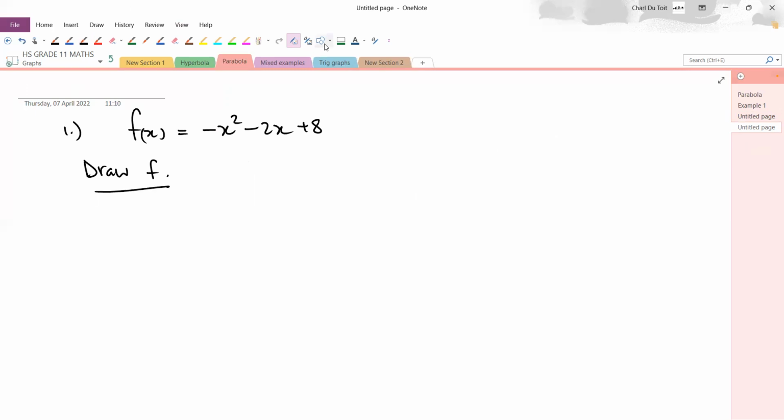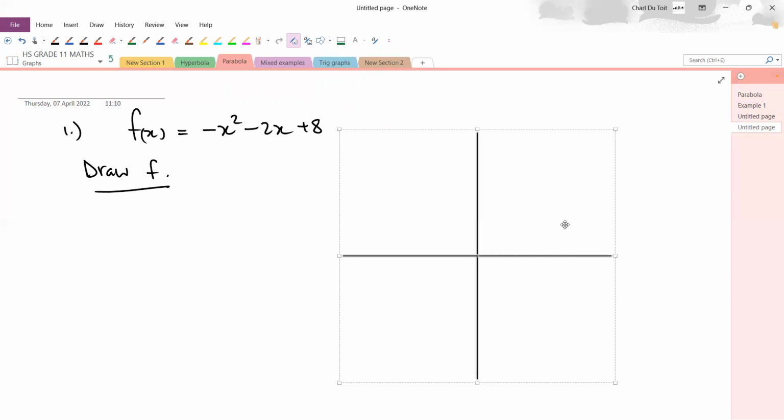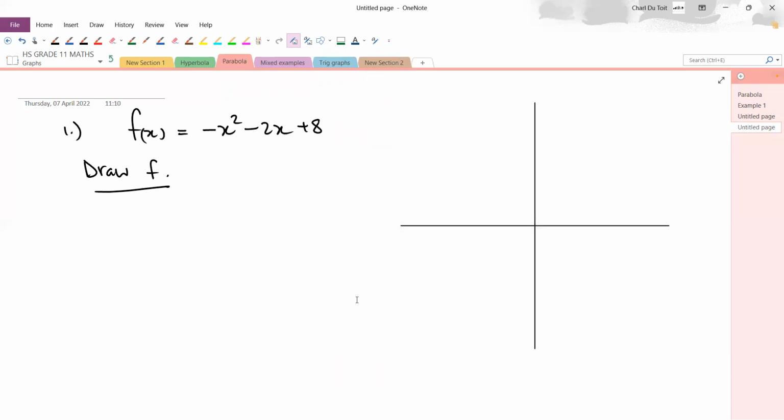Right. So you can actually give me some info already without doing anything. The graph is going to shift to the left. Not necessarily. I'm not sure. I think the graph's going to shift to the right.